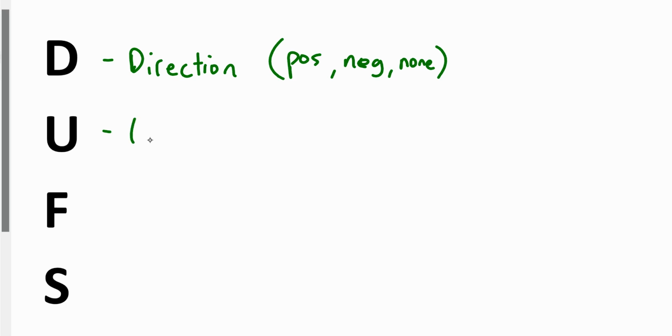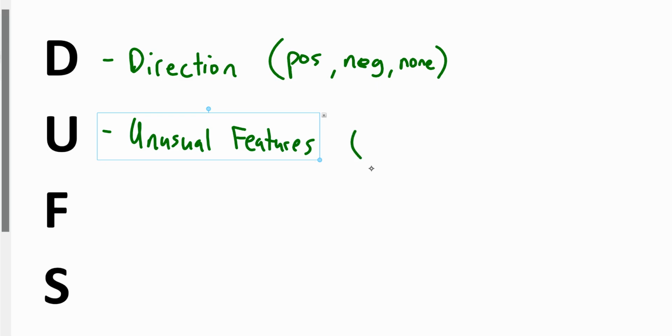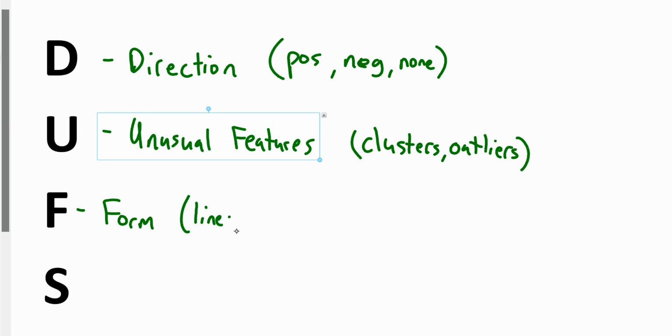U stands for unusual features. That could be clusters or outliers. F stands for form. Basically, we just want to state if it's linear or nonlinear. We're not going to deal with anything else right now.